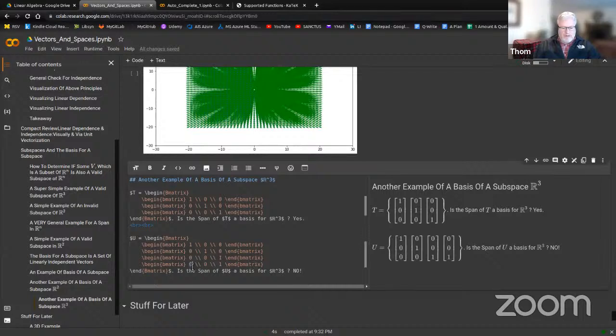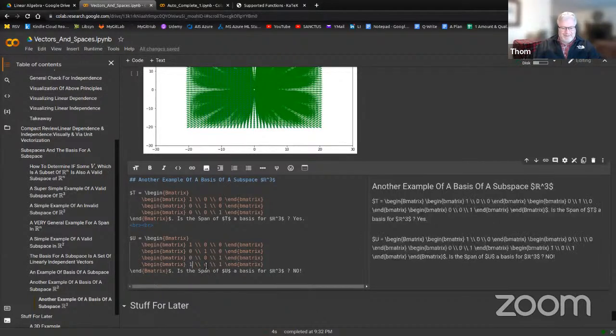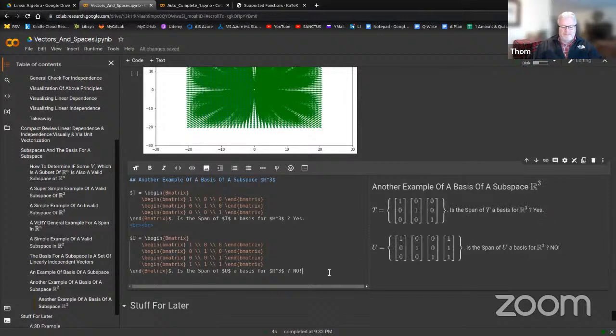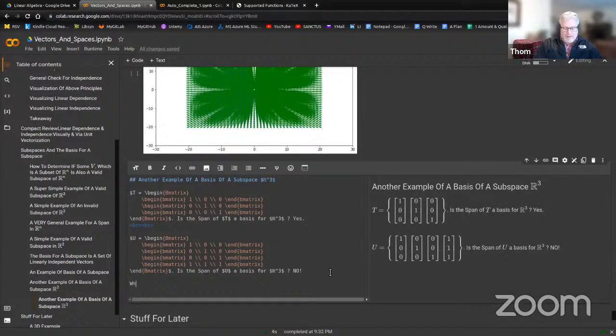Well, first of all, I haven't finished defining this last one. Okay, now this is kind of fun. Help me with this. Why is this not a valid basis for all real numbers in 3 dimensions?